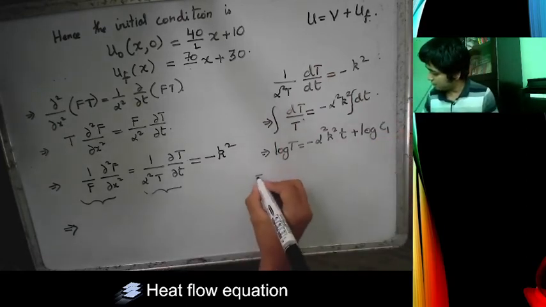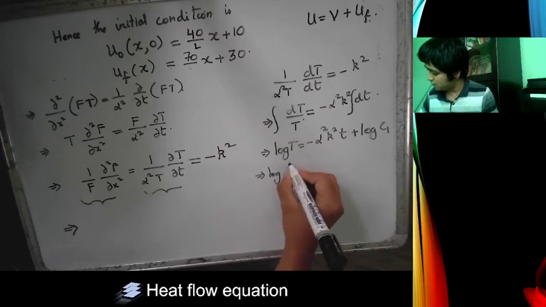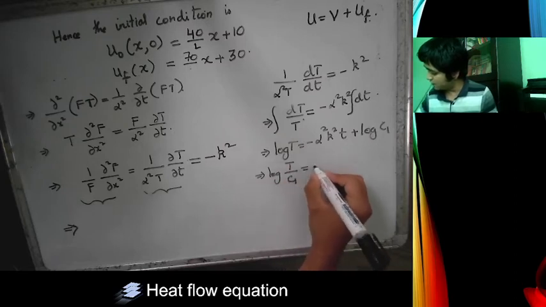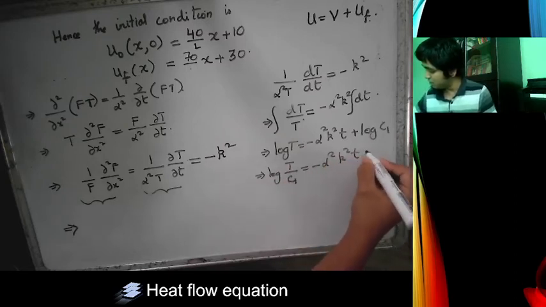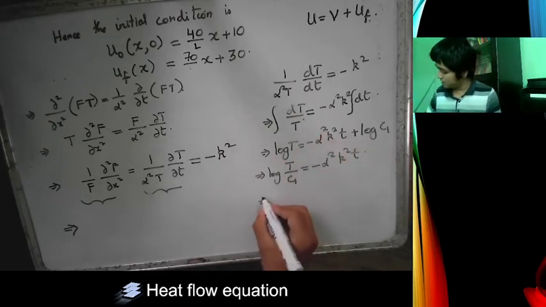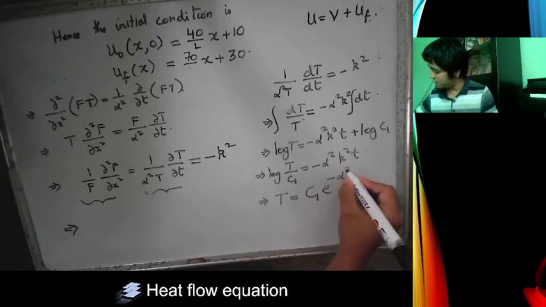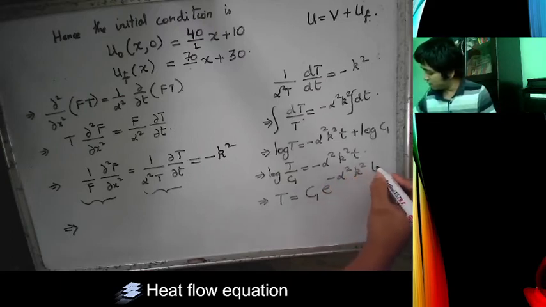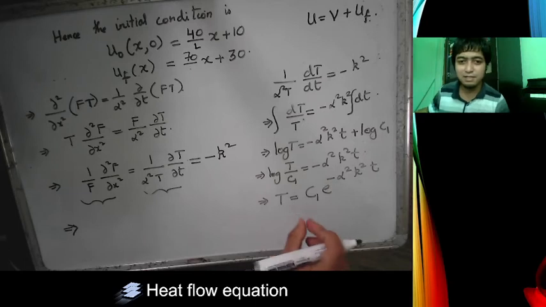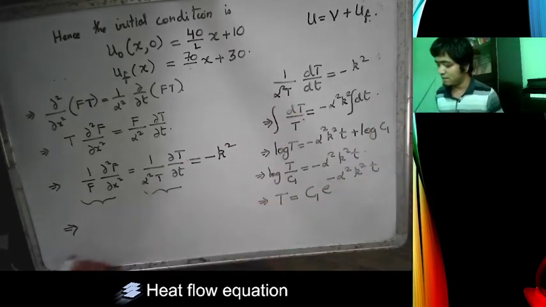So log T by c1 is equal to minus alpha squared k squared t. So T will be equal to c1 e to the minus alpha squared k squared t. This is when solving this one equal to minus k squared.